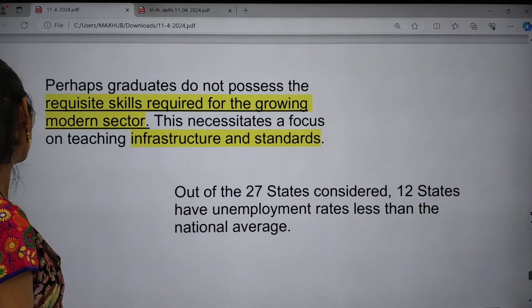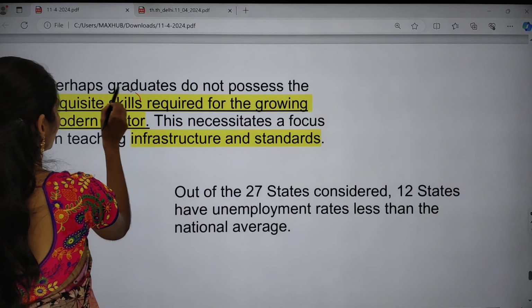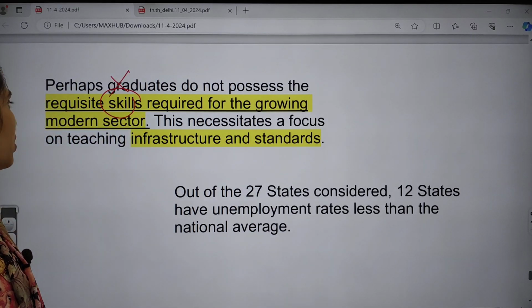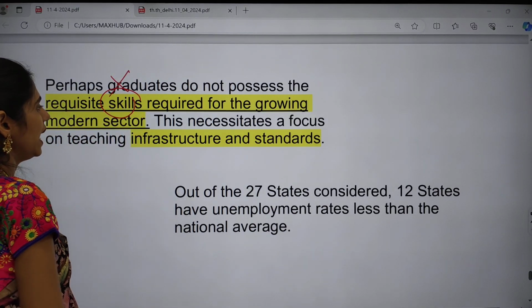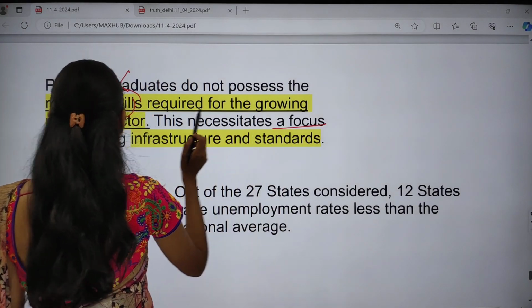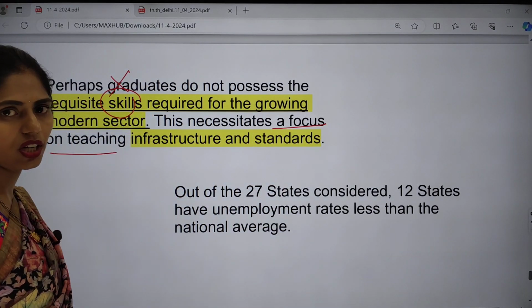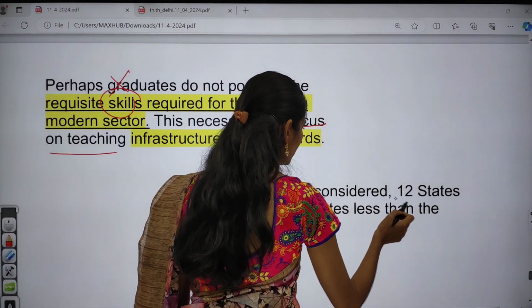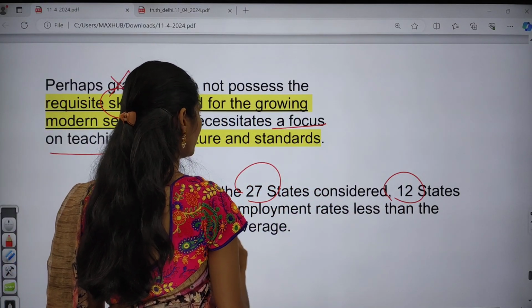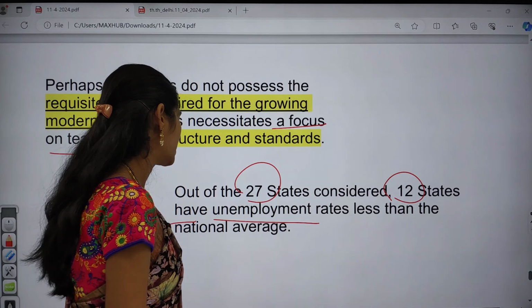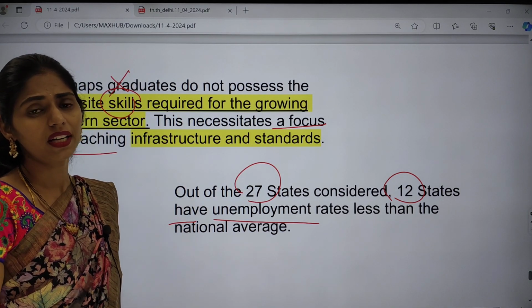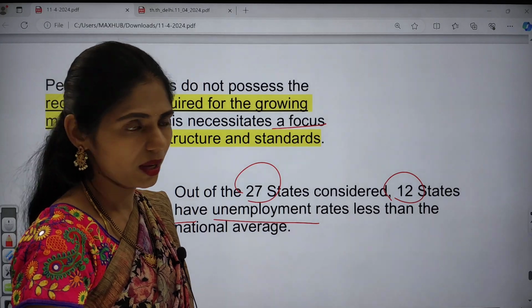Perhaps the graduates do not possess the requisite skills required for the growing modern sector, and these necessities need a focus on teaching infrastructure and standards. Out of 27 states considered, 12 states have unemployment rates less than the national average. These are the details given by this ILO survey.